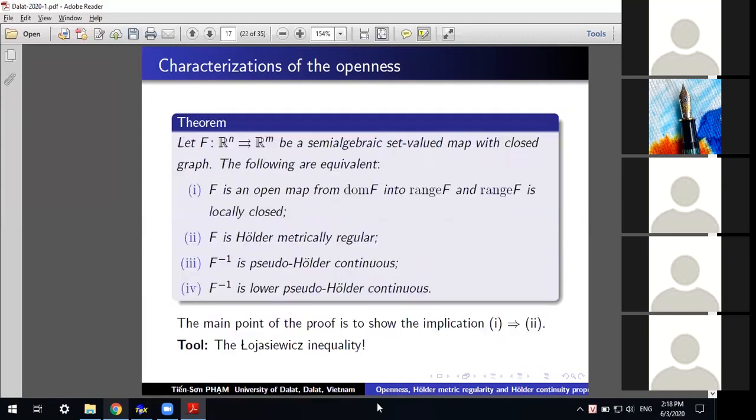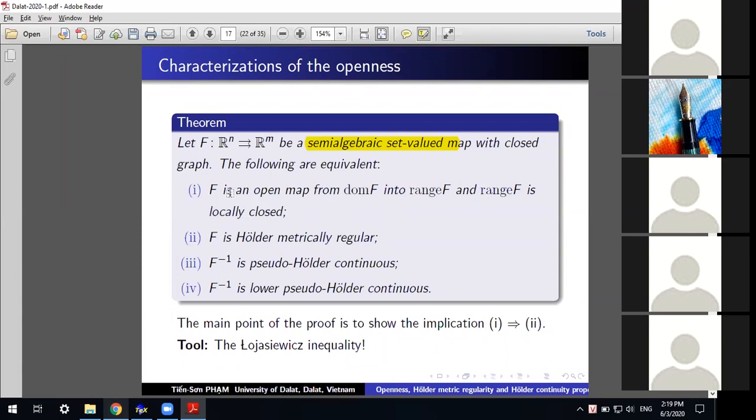Next, the second theorem. Let F be a semi-algebraic set-valued map such that the graph of F is closed. Then we have the following equivalence. F is an open map from the domain of F into the range of F, and the range of F is locally closed.